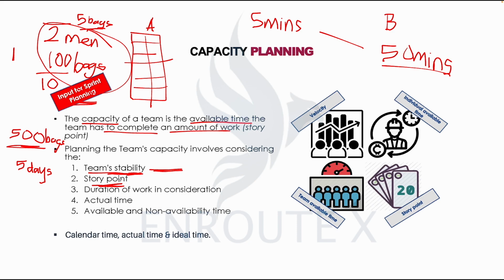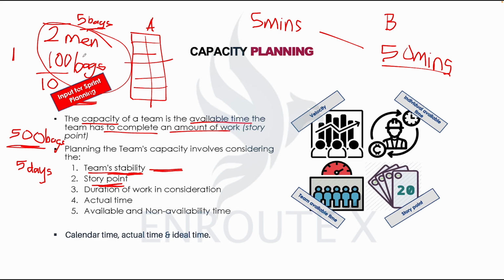The story point, we've explained that from the 3rd module. The story point has to do with an estimate. And story point is different from hours or different from time. We will see that in another slide as we go further. Right? So let's just put in mind that the story point is another thing that could be considered.